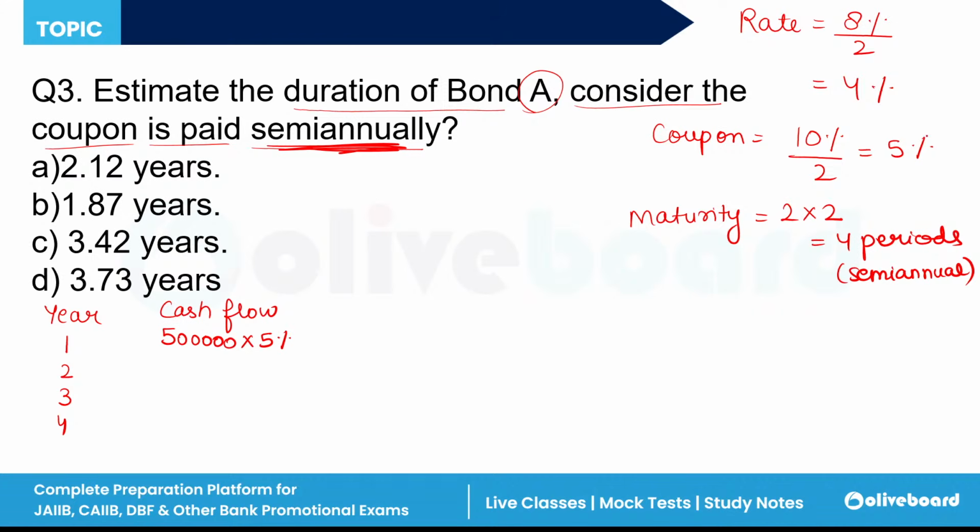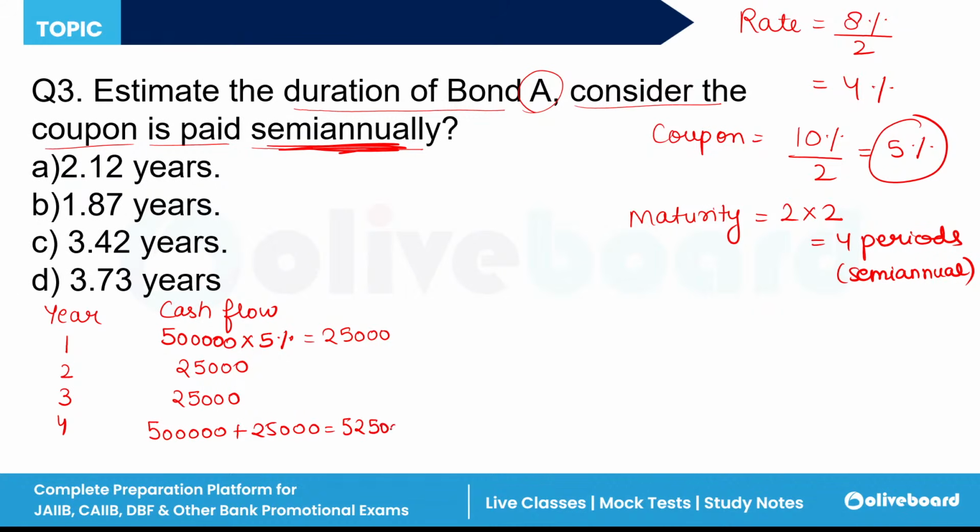Why 5%? Because the coupon rate is 5%. So it equals 25,000. For the second period it is the same, for the third period it is the same. For the maturity period it will be 5 lakh plus 25,000, which equals 5 lakh 25,000.